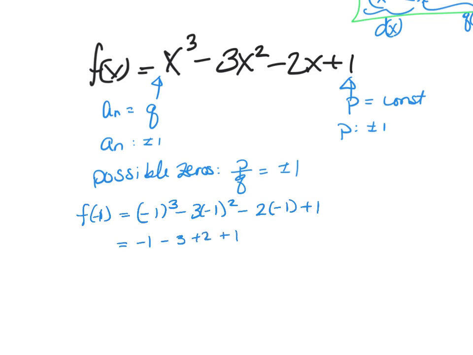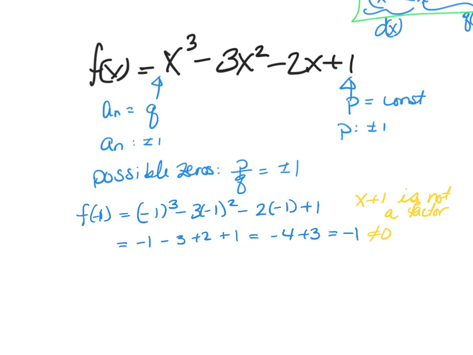Does that equal 0? Well, this is negative 4 plus 3. This equals negative 1. Because that is not 0, that means x plus 1 is not a factor. If it was 0, then it would have been a factor.